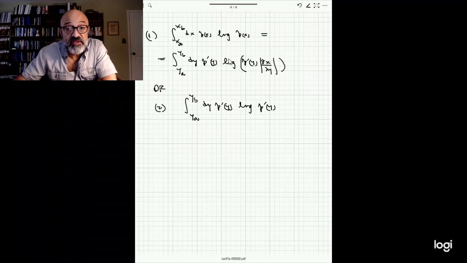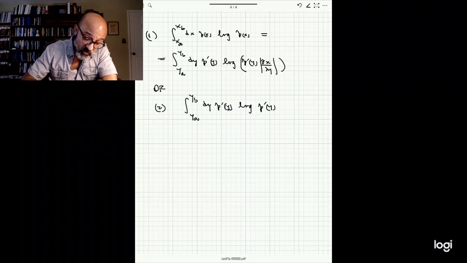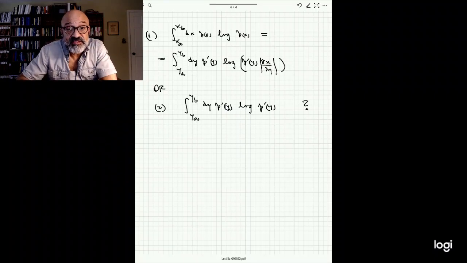Which is it going to be? If you decide that this is the correct version, then in the y variables, it's going to have a factor here. If you decide, on the other hand, that you just started with the y variables, why not choose this one? Which is it? That's the question. And that's a serious problem.